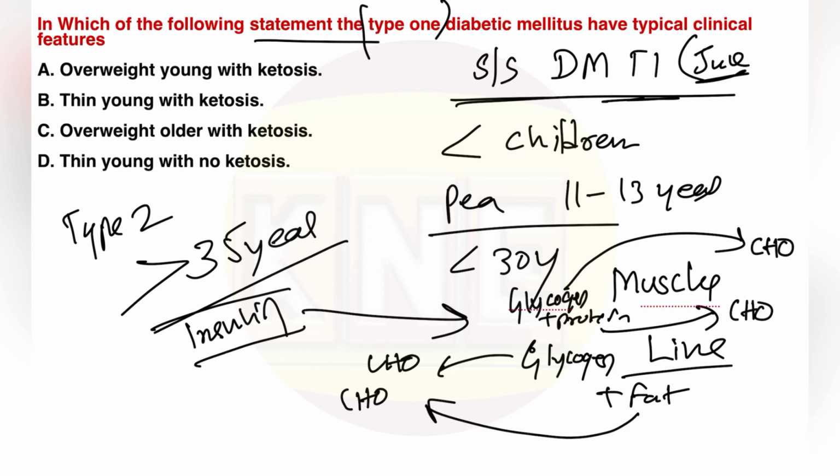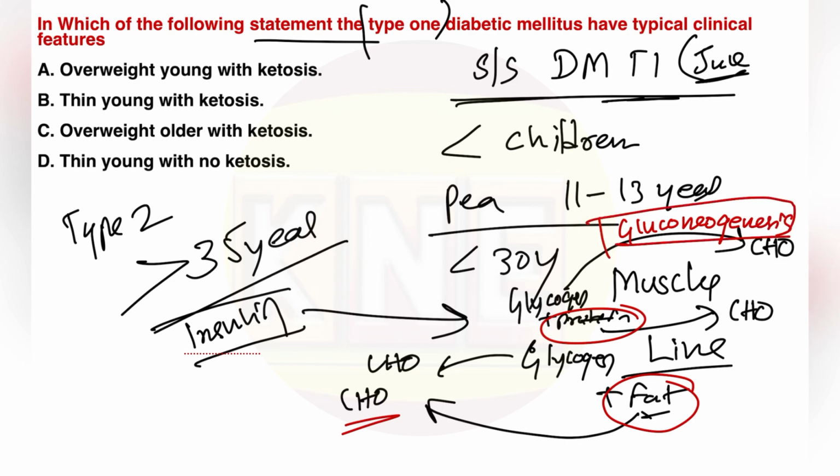Protein and fat are converted to simple carbohydrate through the process of gluconeogenesis, which is formed because of the absence of insulin.